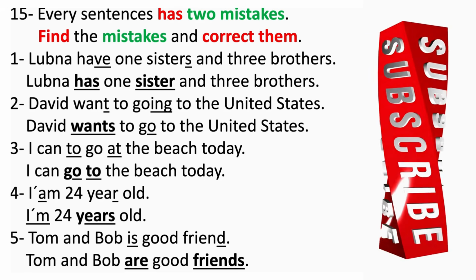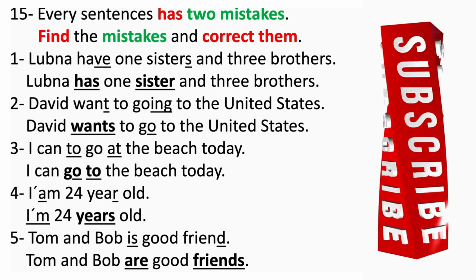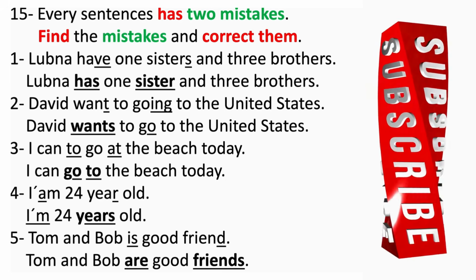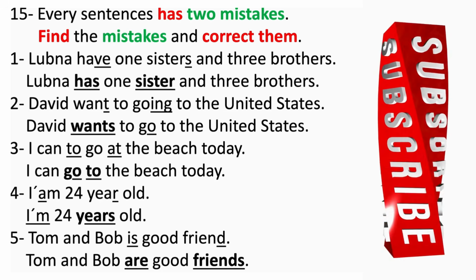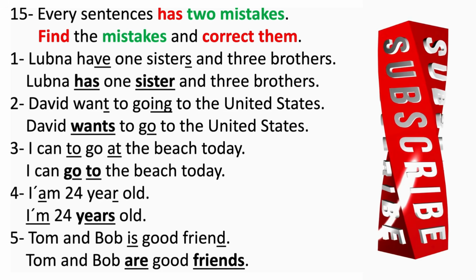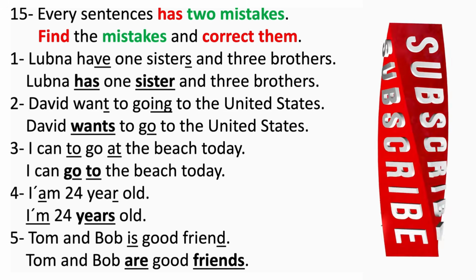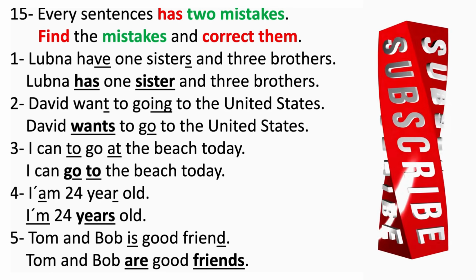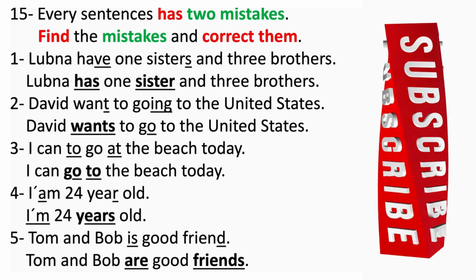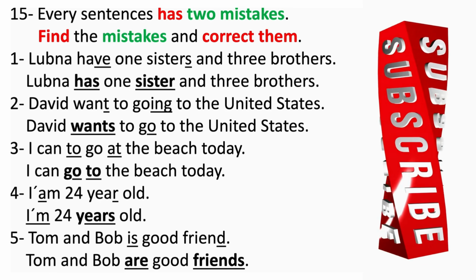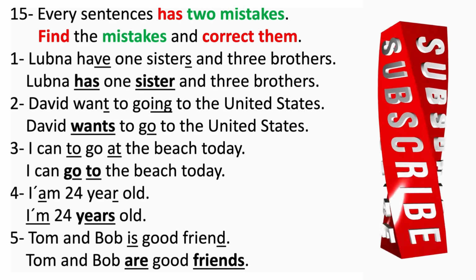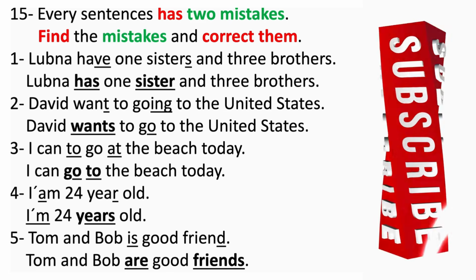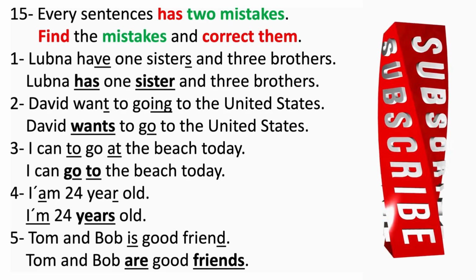So when we have an apostrophe, we don't write a. So I am 24 years old, not year old, years old. The last example, Tom and Bob is good friend. So we have the plural form here, the verb in the plural and the noun in the plural. So Tom and Bob are, not is, good friends, not friend.